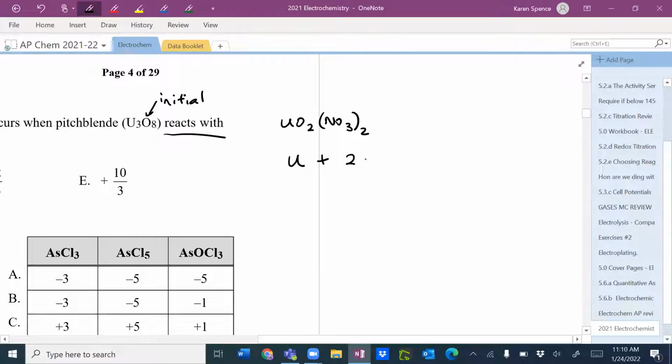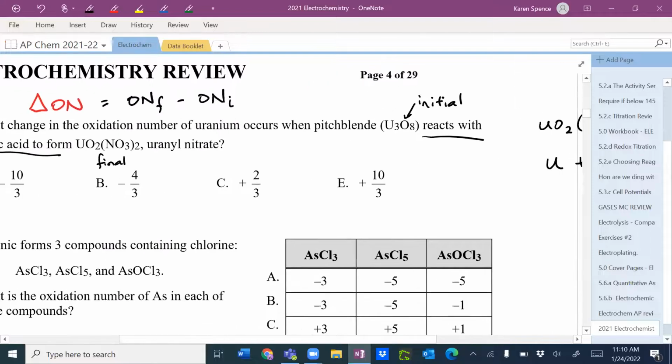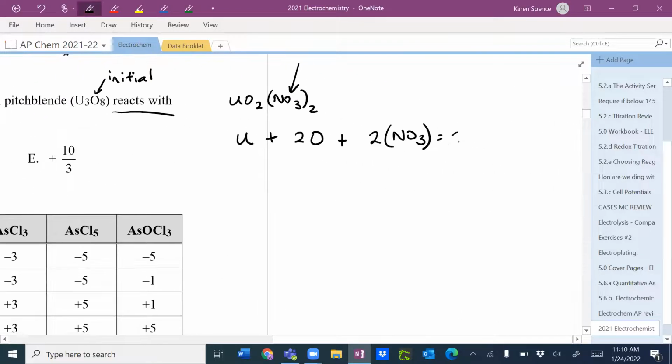I have 2 oxygens. And this group right here is nitrate. Because it is a polyatomic ion, you can treat polyatomics as a group and just use their charge like you normally would. And this whole thing has an overall charge of 0.